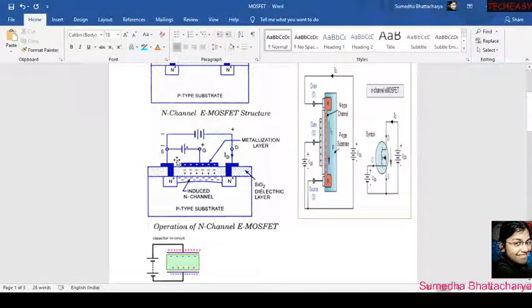First of all, we have to connect a potential between the source and gate, that is also called VGS, right? And we said previously that the P-type substrate, that is the substrate terminal, and the source terminal are internally connected, and the extra point is that this internally connected terminal is connected to ground.